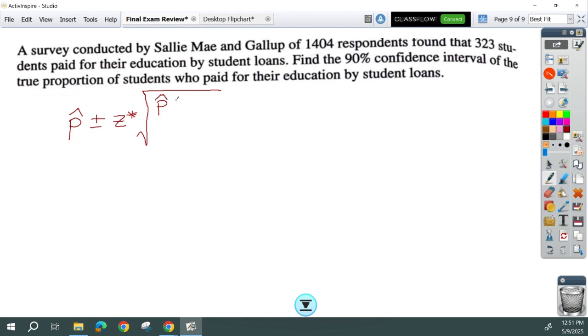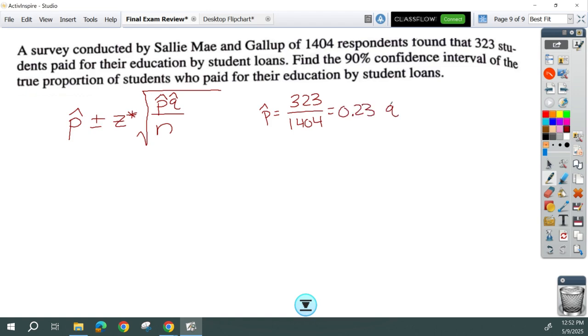It's going to be the square root of P hat times Q hat over N. And so in this problem, we have 323 students out of 1,404 that use student loans. That's going to be our P hat. And so 323 divided by 1,404 is going to be approximately 0.23.